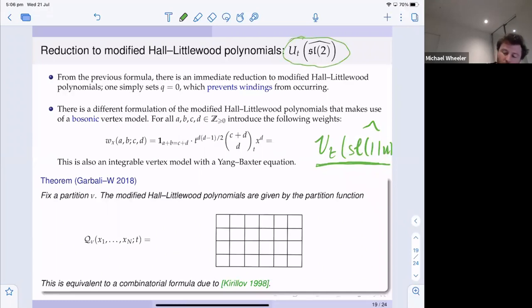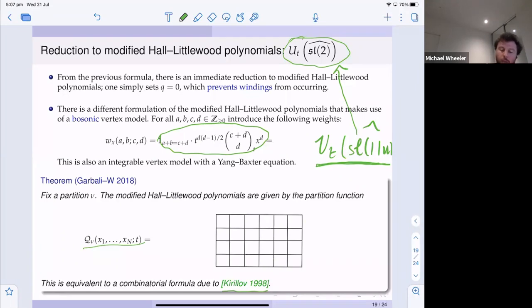So there is some reduction from this one here to the SL2 hat, and these are the weights that you get. And furthermore, the lattice model that you get for these things here, this formula was already found by Kirillov in 98. So you get some combinatorial formula that is basically Kirillov's formula.